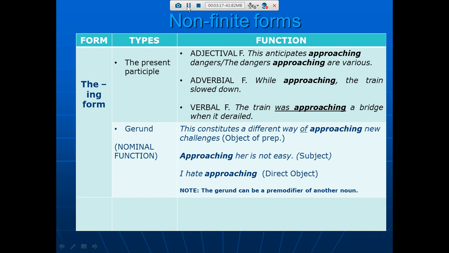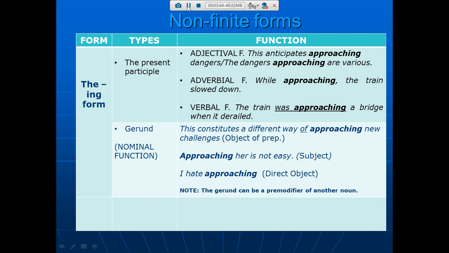The gerund has nominal function in general. That is to say, it can perform all the functions a noun can perform. It can be the subject of a sentence, the subject complement, indirect object, direct object. Let's have a look at some examples. For example, approaching is an object of a preposition in this constitutes a different way of approaching new challenges.